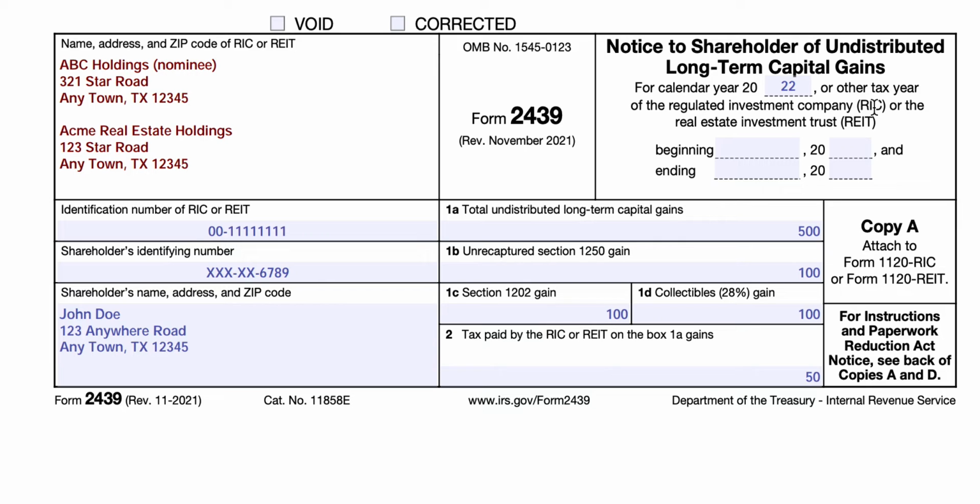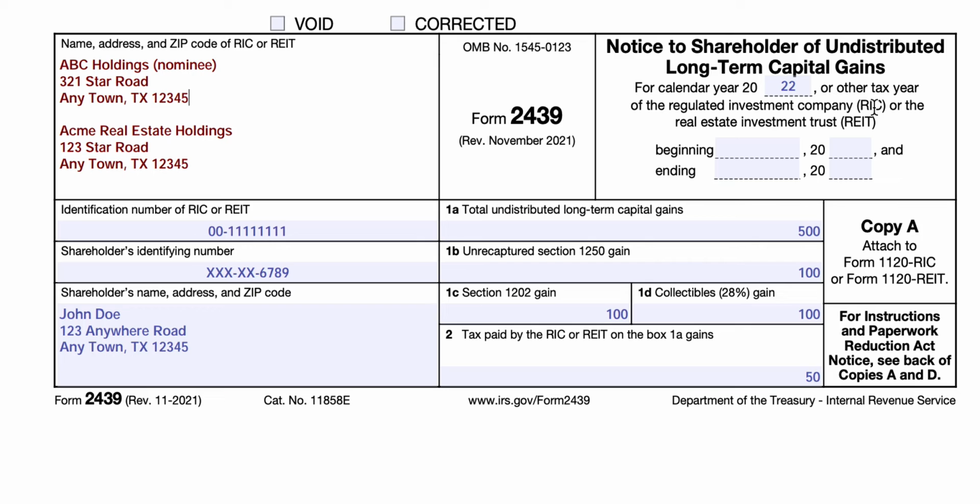In general, if you're receiving this form directly from the REIT or the regulated investment company, you should expect to receive this form within a certain period of time after the end of the tax year. I believe it is 60 days. That information is actually in the article itself, and I will report this in the comment section of this video.